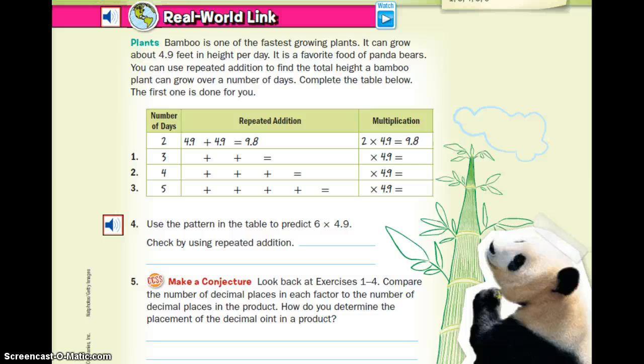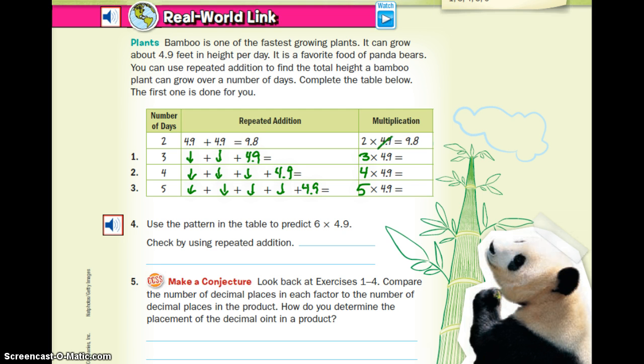All right, in 2 days, it's 4.9 plus 4.9, which equals 9.8, or 2 times 4.9, which is 9.8. If we do it with 3, 4.9 plus 4.9 plus 4.9, so it's 3 times 4.9. 4, add another one, so that's 4 times that, and 5, 5 times that.